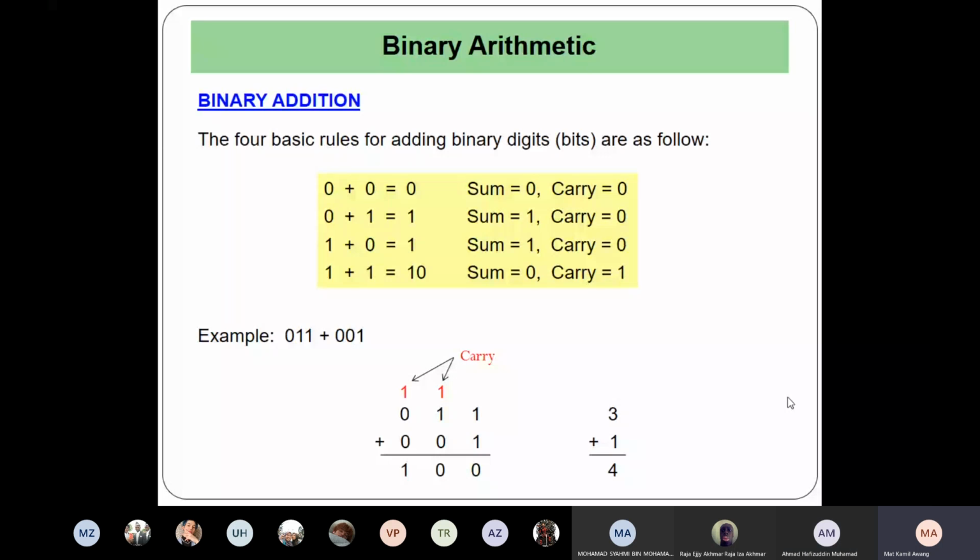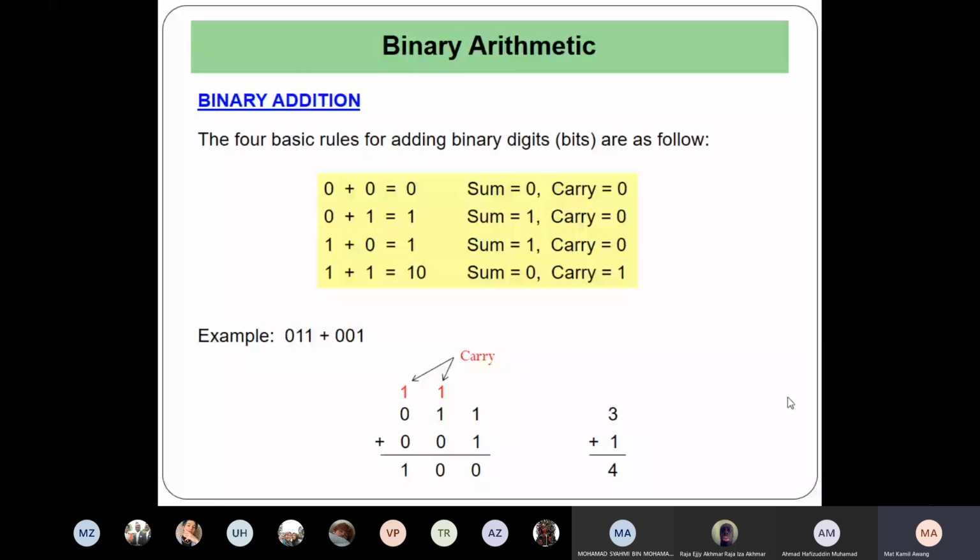They are as follows: 0 add to 0 is equal to 0, so the sum is 0 and the carry is also 0. When you add 0 and 1, the sum is 1 and the carry is 0.